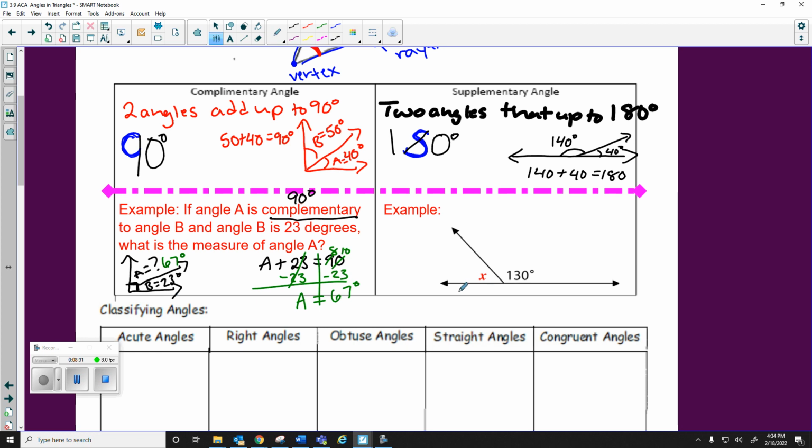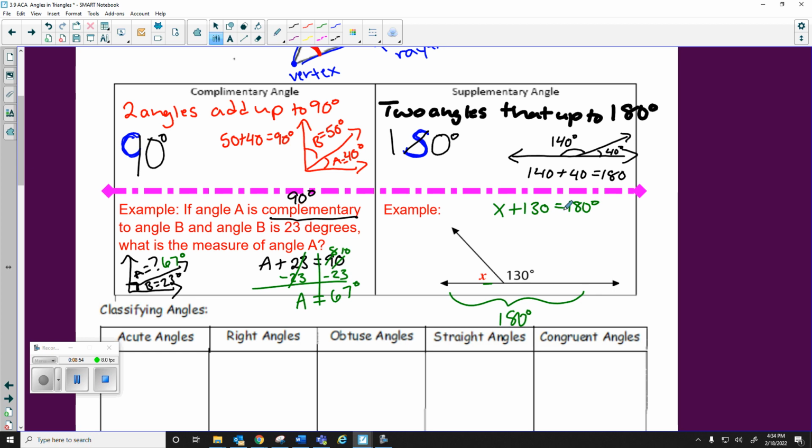On this next one, it doesn't say anything, it just says X. We need to find the value of X. I see that it's a long straight line. Whenever it's a line like that, it's going to be 180 degrees, which is just another way of saying that they are supplementary. So I know that X plus 130 makes a straight line and makes 180 degrees.